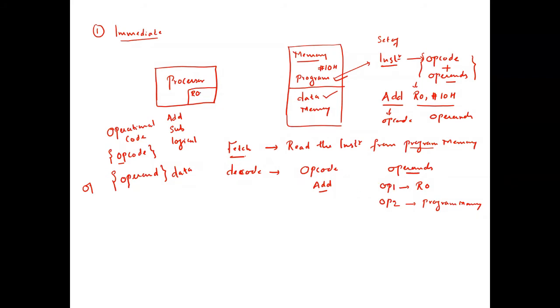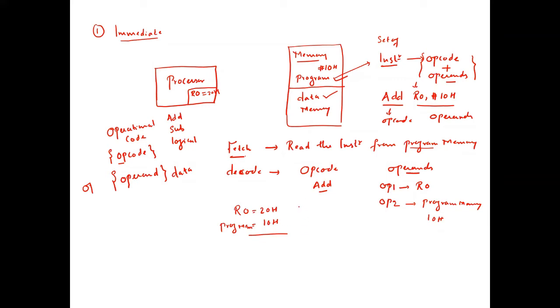The processor will go and check the content of register R0. Say, for example, the content of register R0 is 20H. It will take it, and along with that instruction the immediate value has come. Say that immediate value is 10H. So now it is going to add 10H from the program memory, and finally it will start performing the operation.